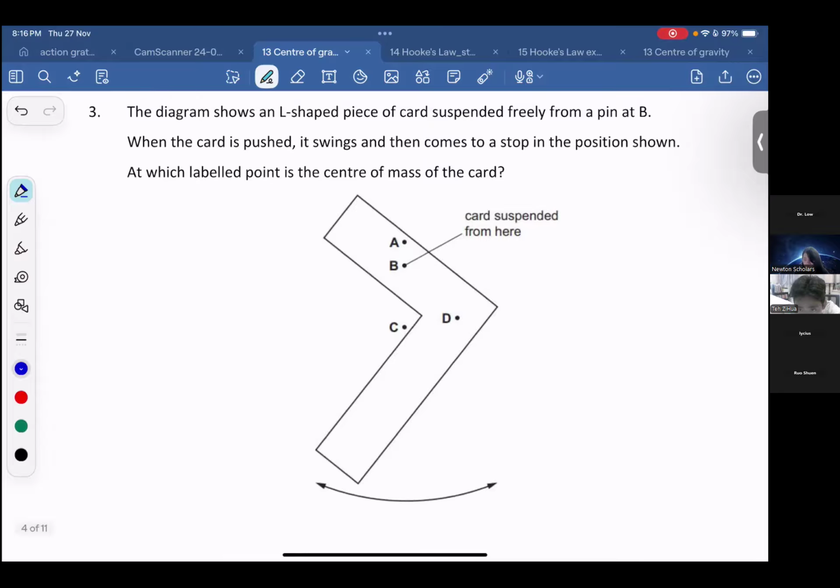Here the answer would be C actually. C is the center of mass. Why? If let's say you hang at here, it will be roughly like this, and this is your weight.